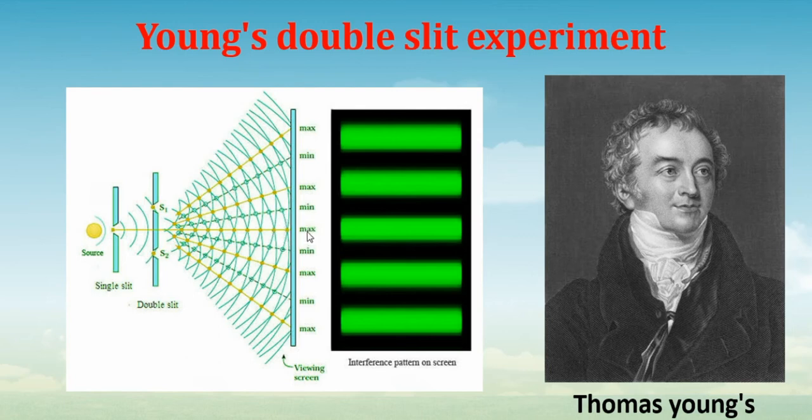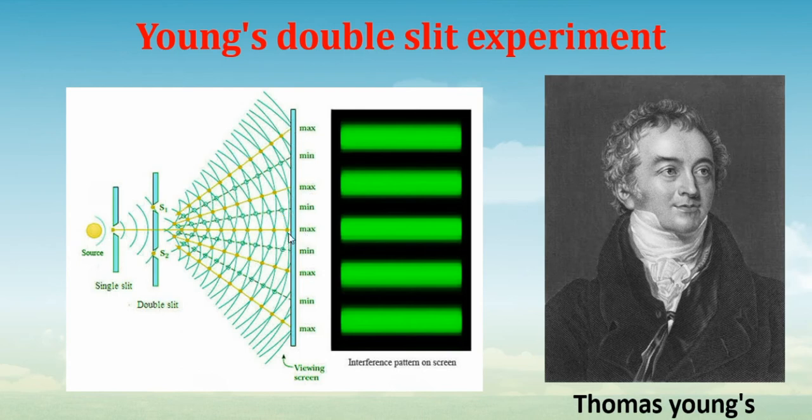So the fringe we get at the center is called the central bright fringe. The central bright fringe forms here because the path difference between these two waves is 0.